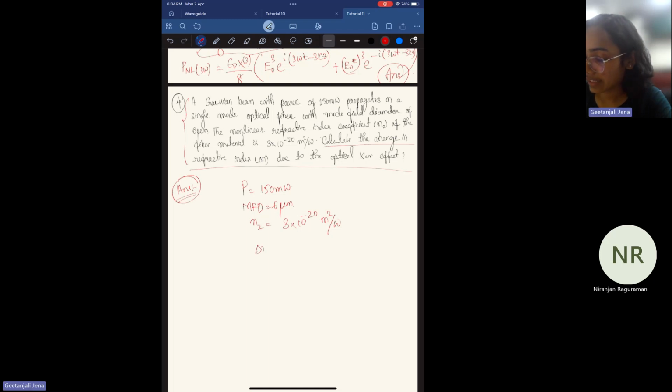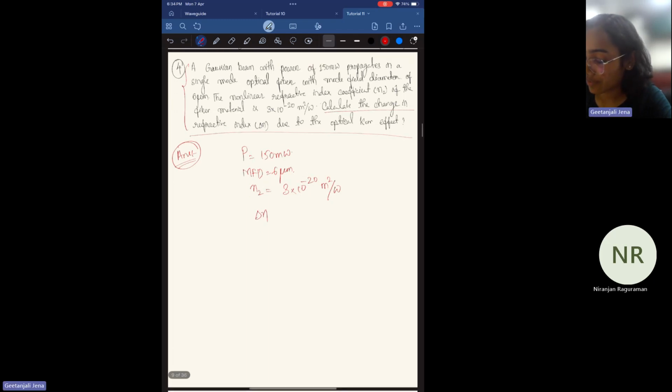If we recall, because of the nonlinearity we can write n as n0 plus n2 into I, which is nothing but delta n. So try to find out the value of delta n and let me know.